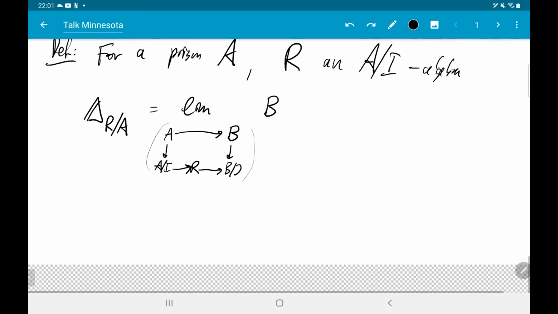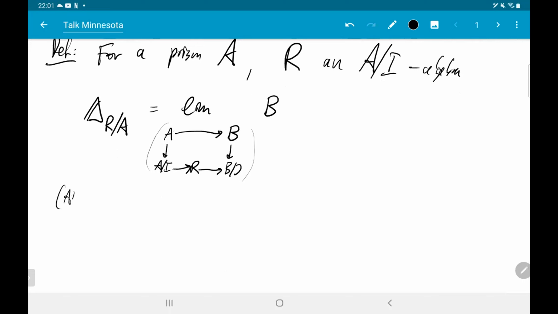And absolute prismatic cohomology, just to contrast this maybe.